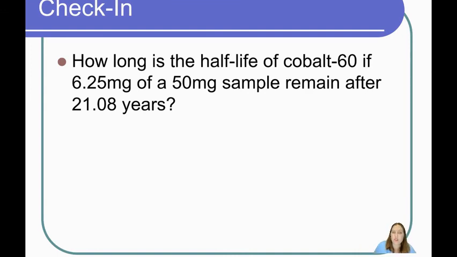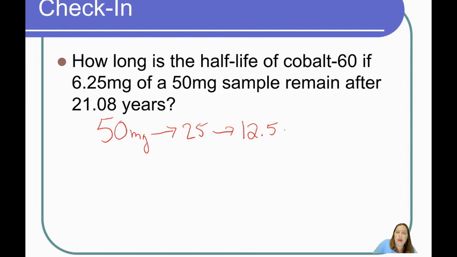So if we look at it this way, we go, okay, I have 50 milligrams, and when I cut it in half, I get 25. I cut it in half again, I get 12.5. Okay, and I cut it in half again, I get 6.25.